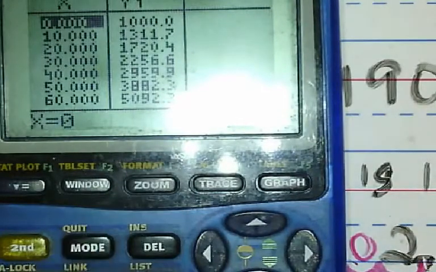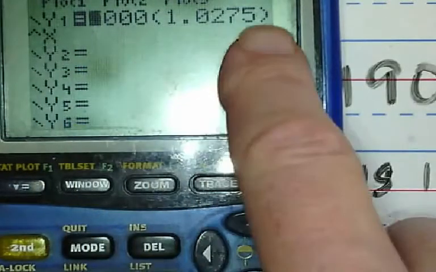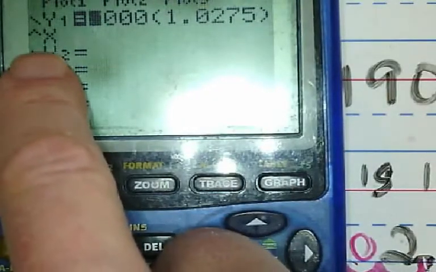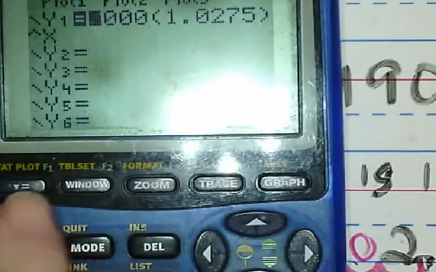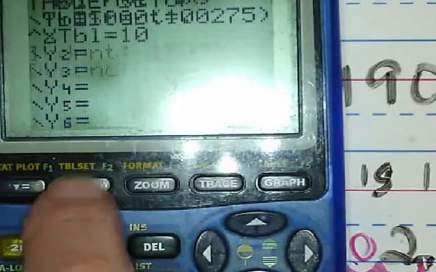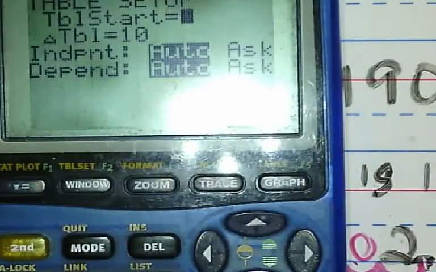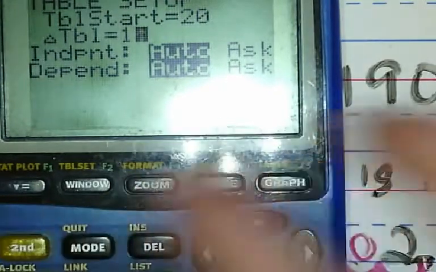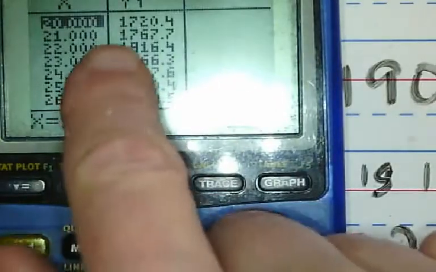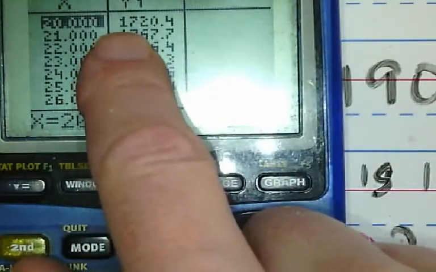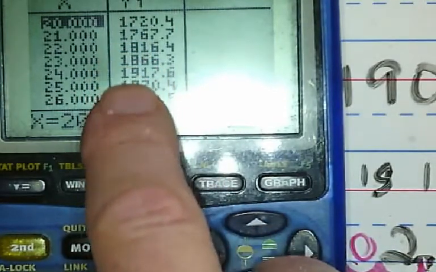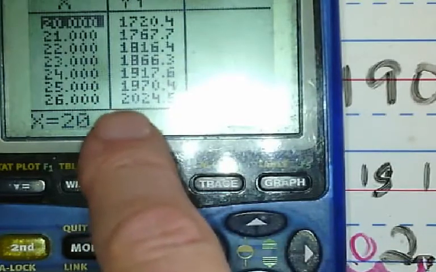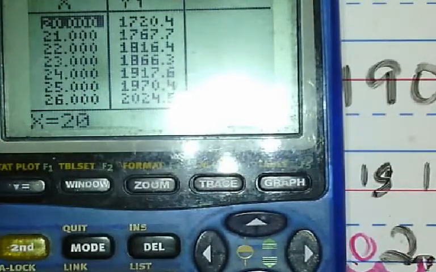So if you don't know how to use your calculator, you type your equation in here, you raise it to the x power, right? Then you go to second window, table set. I'm going to start at 20 and count by 1. At 22 it's 1,800, at 24 it's 1,900, and see 26 years.